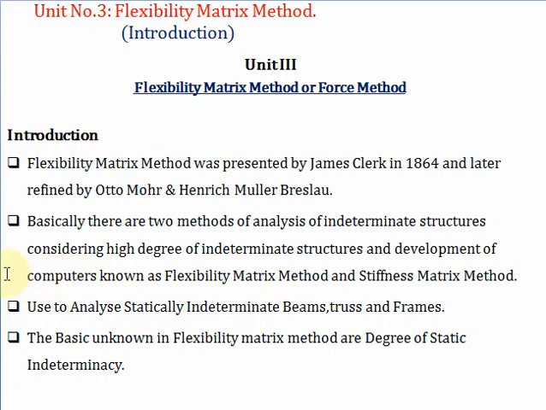For that, these two methods, flexibility matrix method and stiffness matrix method, are useful. The flexibility matrix method is used for analysis of statically indeterminate beam, truss and frame. The basic unknown in flexibility matrix method is the degree of static indeterminacy.